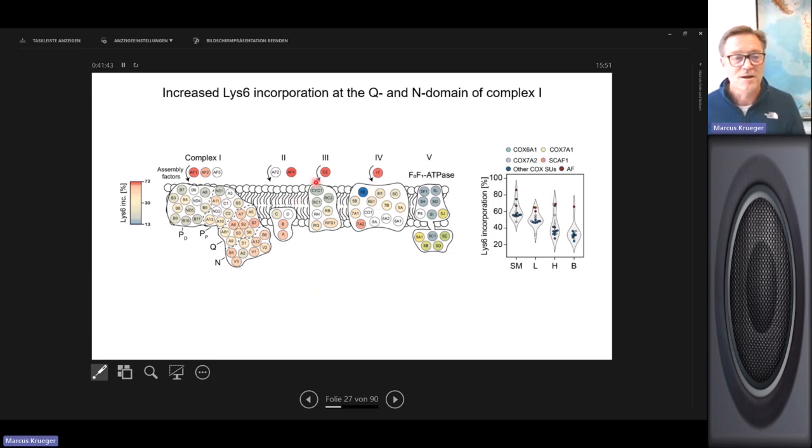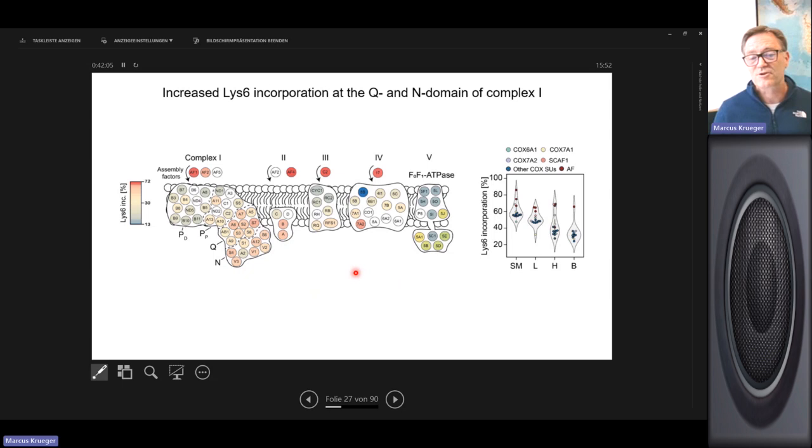And of course the assembly factors which build up these complexes also show a quite high turnover. Okay, and here we also compared the turnover of those COX complexes and proteins between skeletal muscle, liver, heart, and brain. And we see that the muscle seems to have the highest turnover compared to the other tissues.